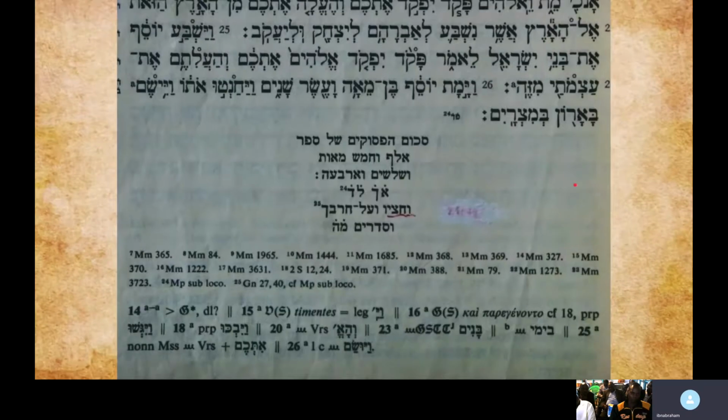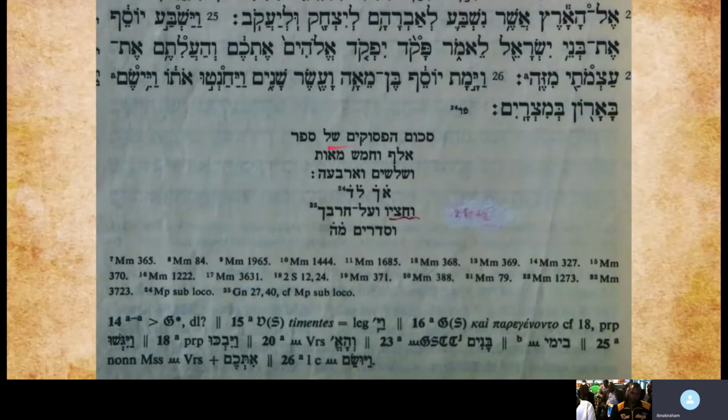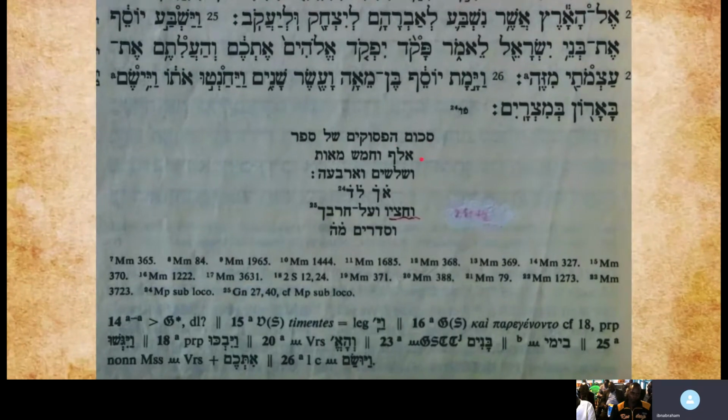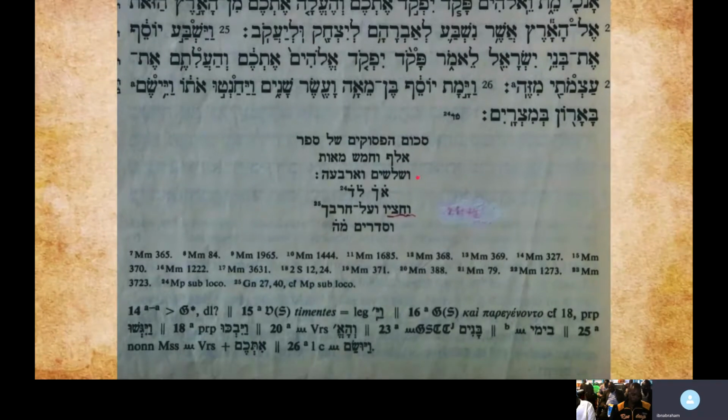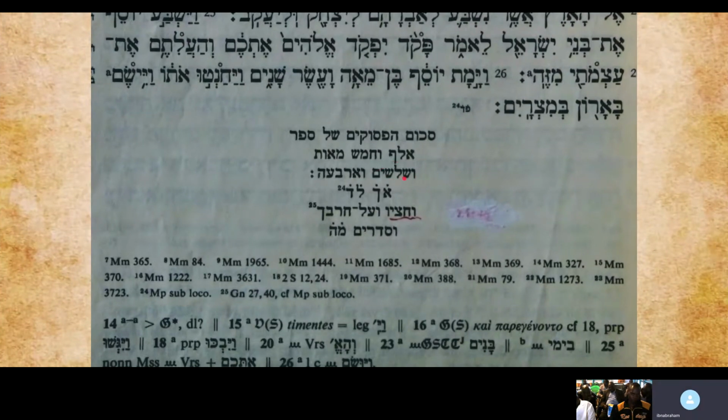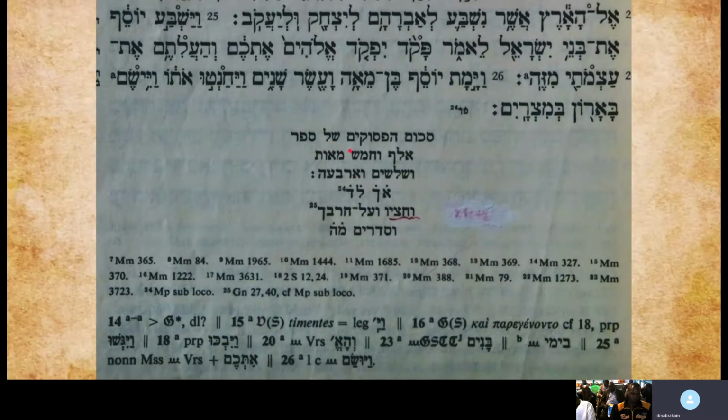At the end of the book of Genesis, there are these Masoretic notes right here. And this says, Schom HaPesukim Shel Sefer, which means, and the total of the number of verses of this book are 1,534. So it's 1,534 verses in this book.